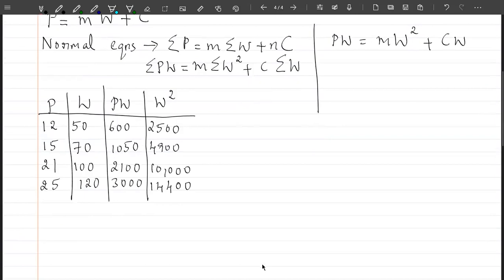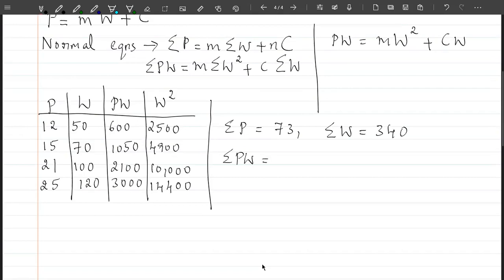Now let's calculate the summation of these values. So summation P is 73, summation W is 340, summation PW is 6750, and summation W square is 31800.